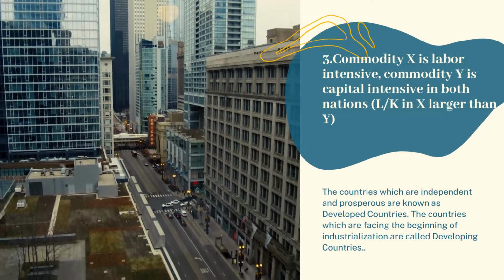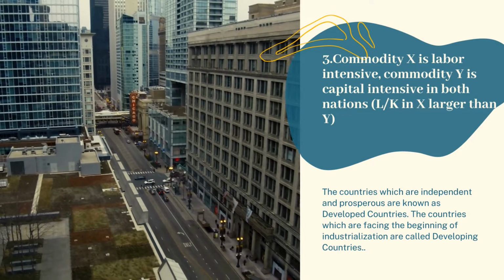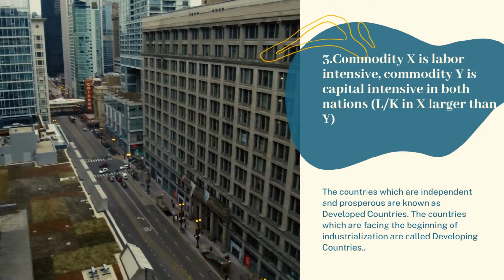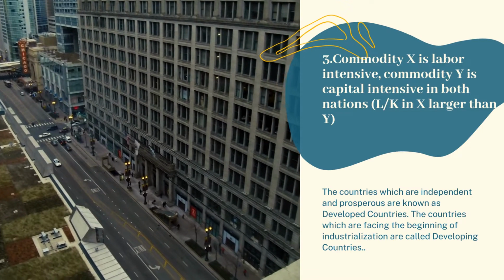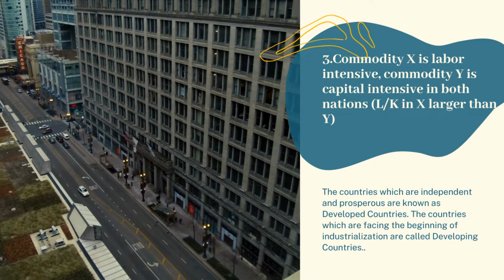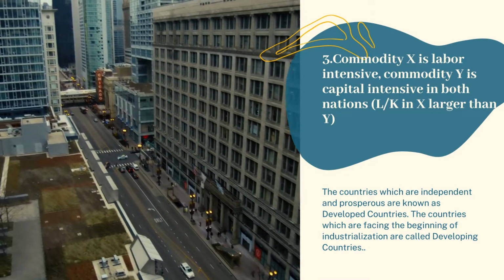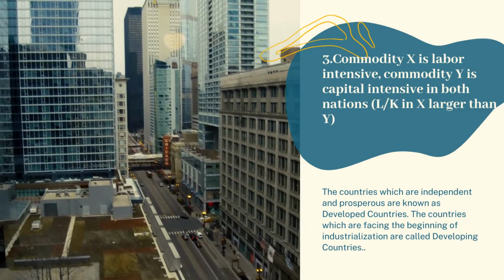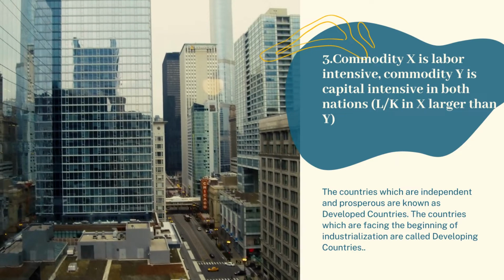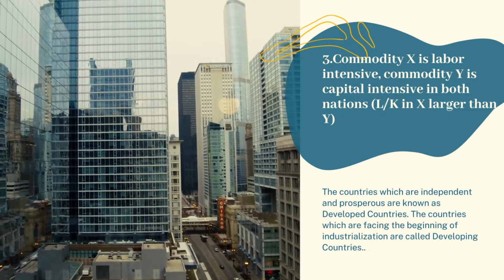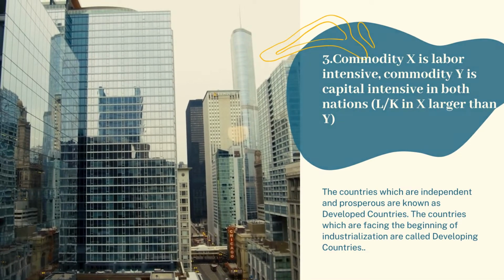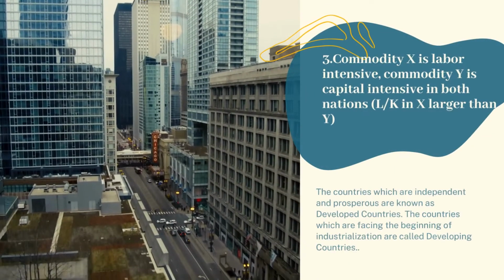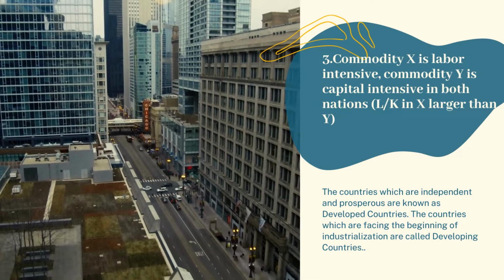The third assumption is that commodity X is labor intensive and commodity Y is capital intensive in both nations, which means that some countries are more capital intensive than others, and some are more labor intensive than others, and that's why they create trading.